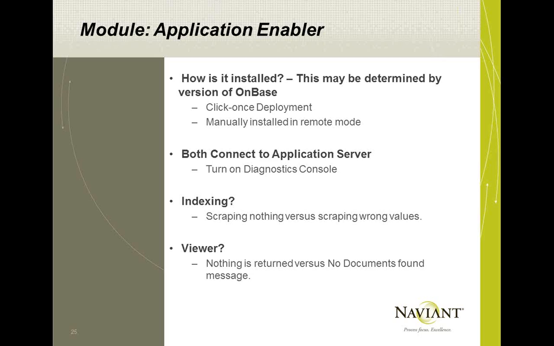Or is it returning a message that says no documents? And if it is returning the message that says no documents, should there actually be documents coming back? If that's the case, then again you need to look at the configuration of App Enabler and definitely verify that the screens have not changed. And then from there, maybe make some configuration changes.